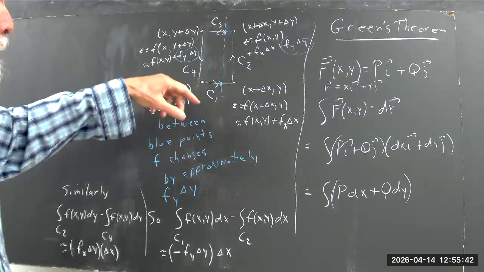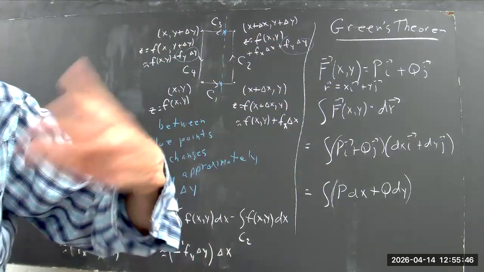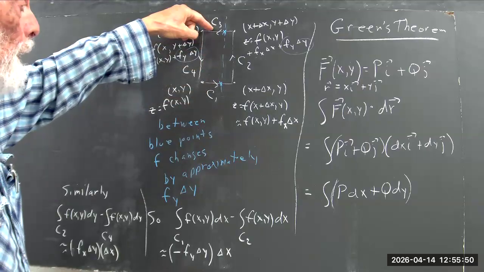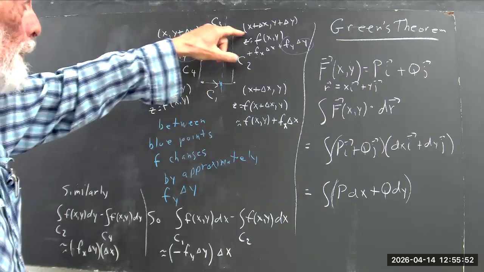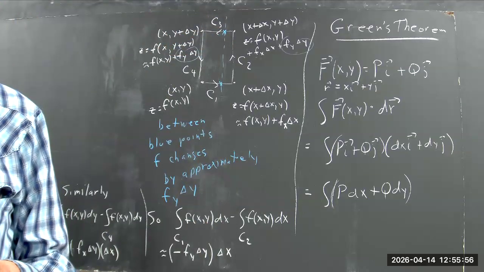Between C1 and C2, let's assume Fx and Fy are both positive, so that value is greater here than it is here. It's greater on the part of the interval where you're integrating in the negative direction.